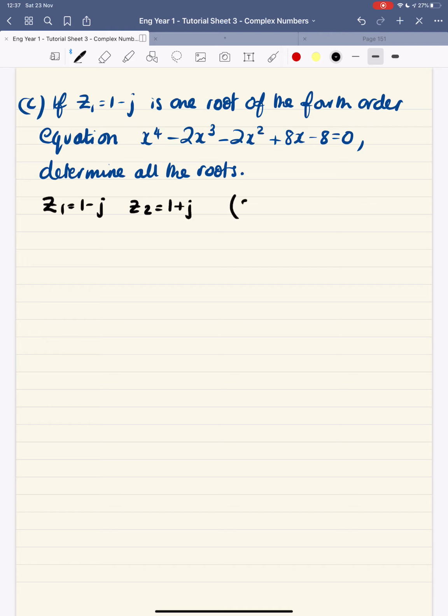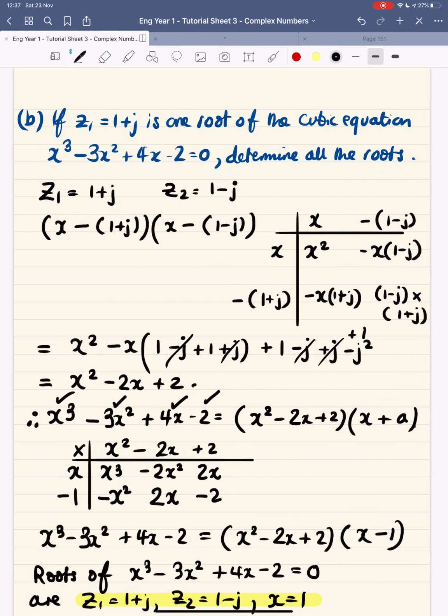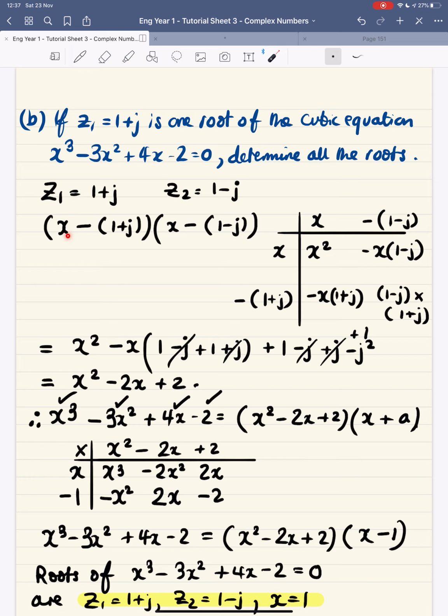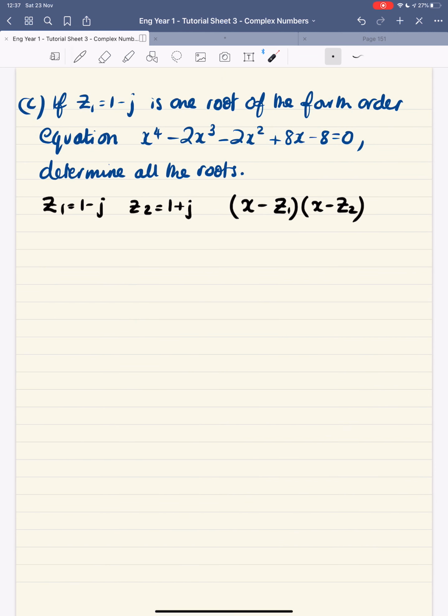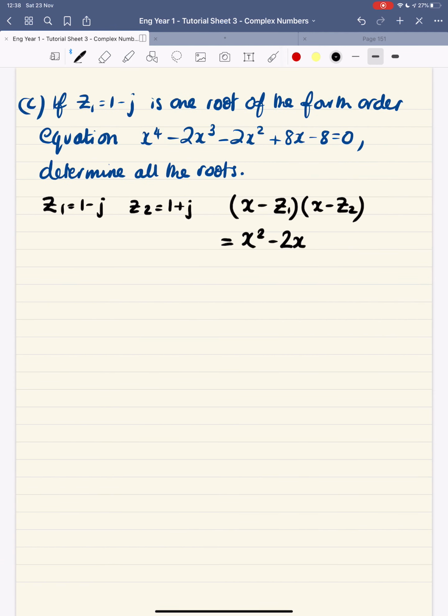And we already know that x minus z1 times x minus z2, we did that on the previous page, is x squared minus 2x plus 2. So I'm just going to carry that over from here: x squared minus 2x plus 2.